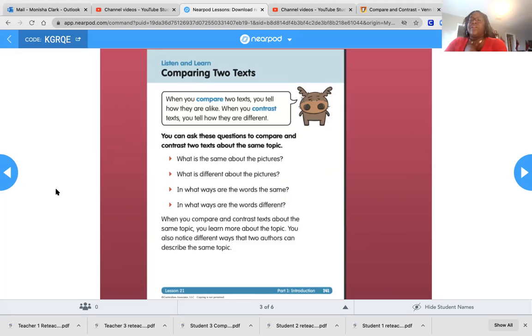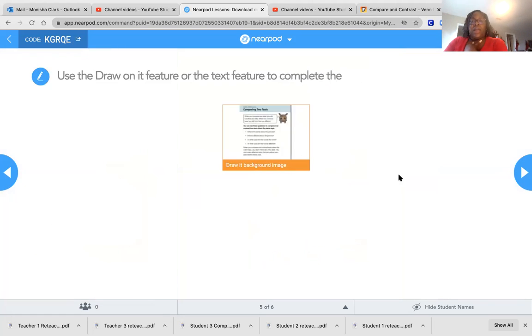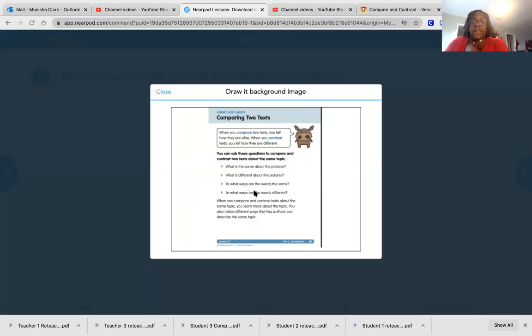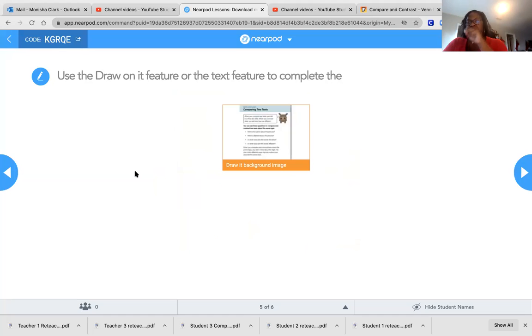This is how they are different. So now you're going to go over to the slide and put how they are the same. They both talk about predators are active at night. And the second one says that they are talking about different animals. Okay?